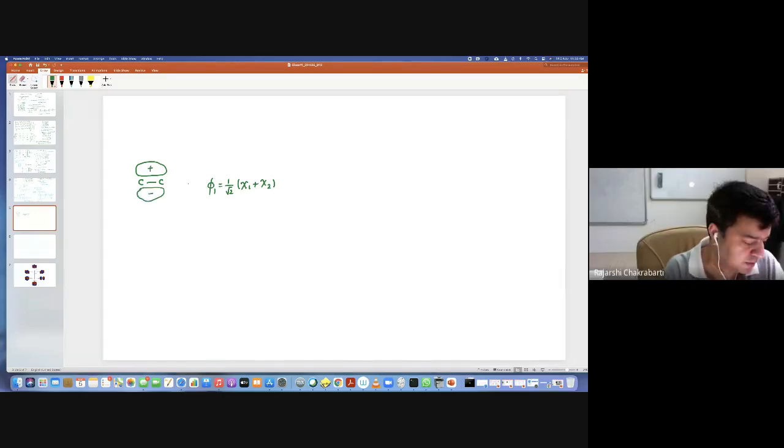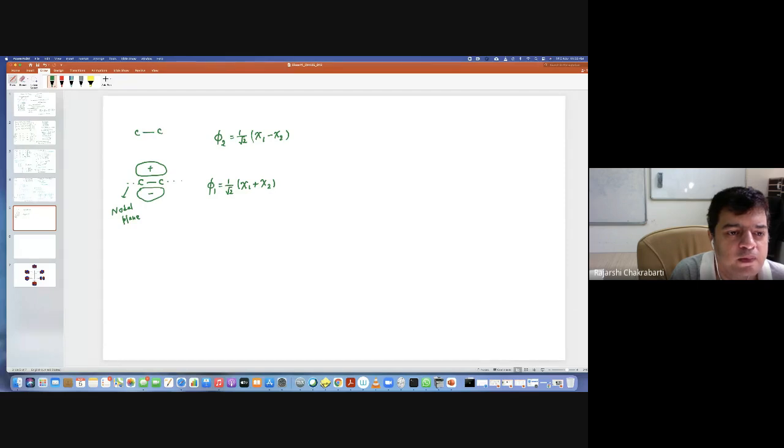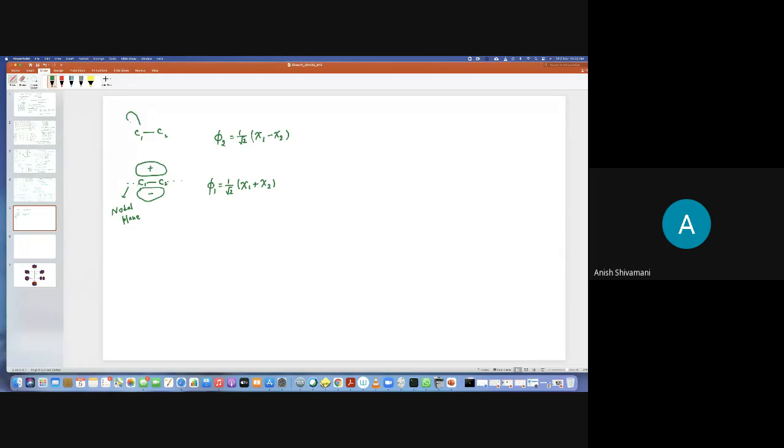This is your phi 1, and you have a nodal plane. What about phi 2? How does phi 2 look like? This is C1, this is C2, no? You have a minus sign here, no? Two nodal surfaces. Yeah, so you'll have something like this.